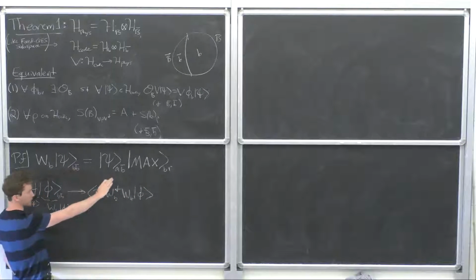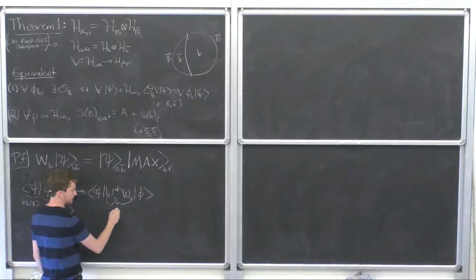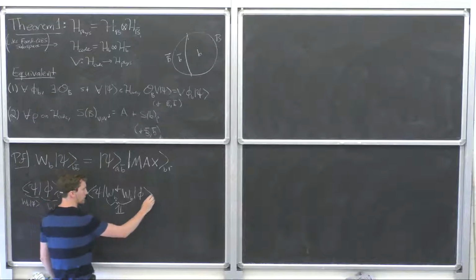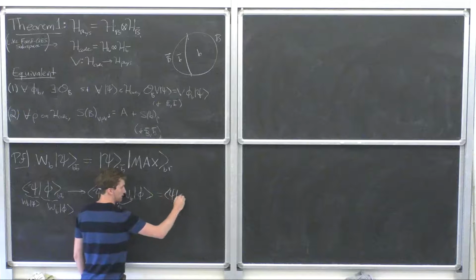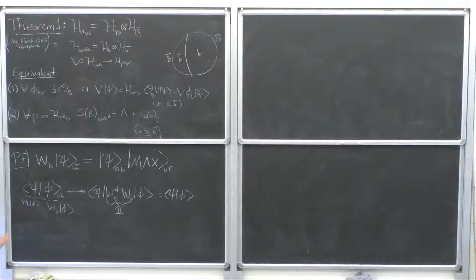And you can confirm from this equation that W dagger times W is just the identity acting on little b. So it's just the identity, and so this just equals psi phi. W doesn't change inner products. It's an isometry. That's what that means.